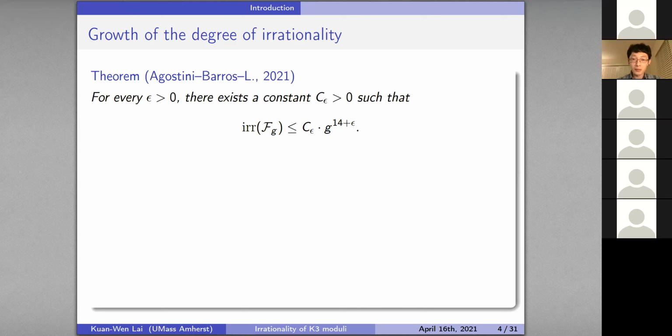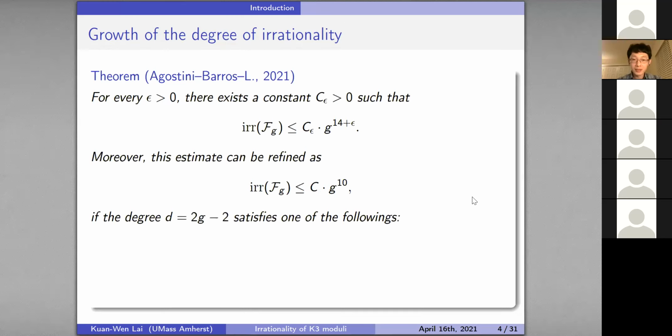So this tells you in particular that the irrationality grows polynomially in g.